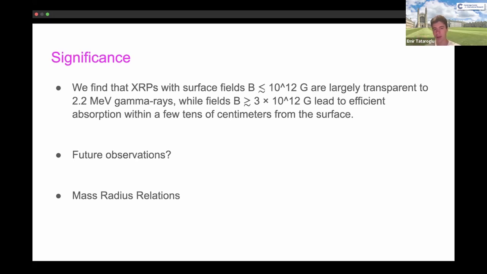For other neutron stars like magnetars, which have way stronger magnetic fields, there's no way a single photon is escaping from the surface, because it just becomes a pair instantly.